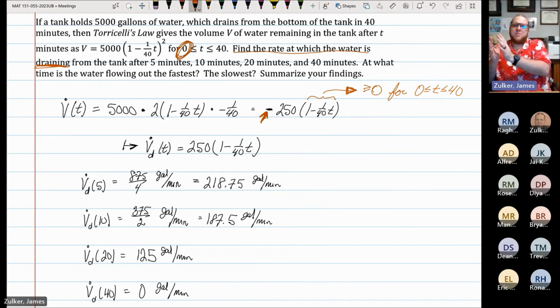So we have flow rates before 5 minutes. What do you notice? The flow rate is decreasing as time moves on.